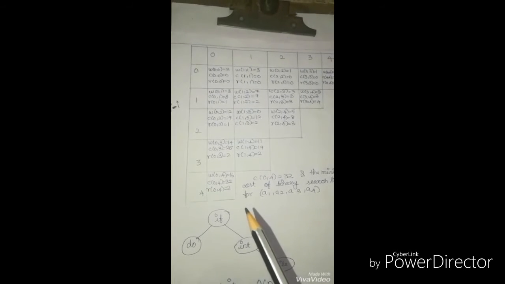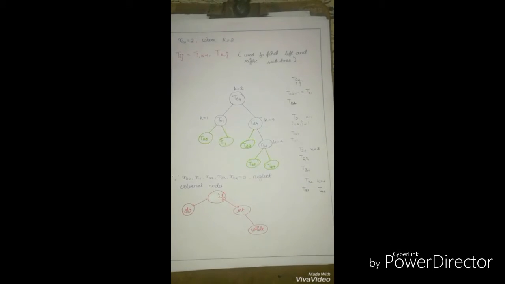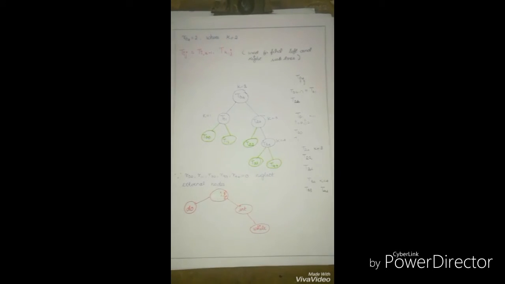Now we are supposed to draw the optimal binary search tree for this particular combination. In order to draw the binary search tree, we have the formula Tij, and for calculating the left and the right subtree, we have formulas: for the left subtree it is T of I, k minus 1, and for the right subtree it is T of k, j.